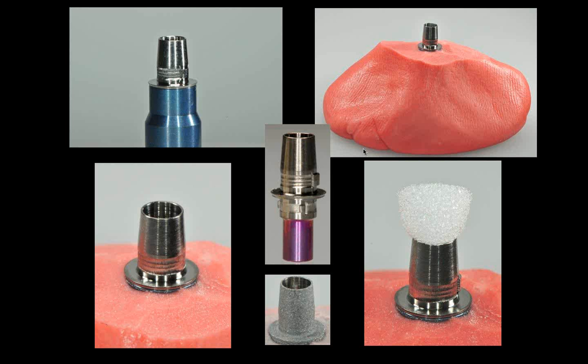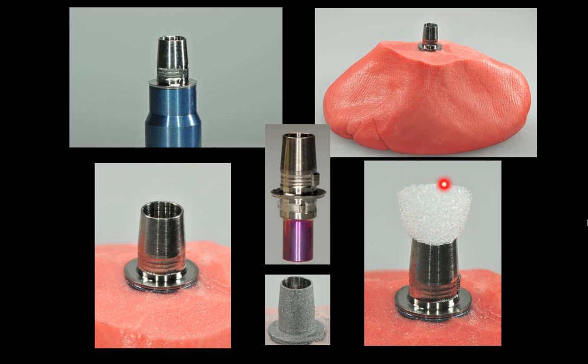So let's go back again to how we mask out our abutments. When we look at our abutments, the first thing is I take the implant model analog, I put it in putty material like you see here, so only the abutment is sticking out.